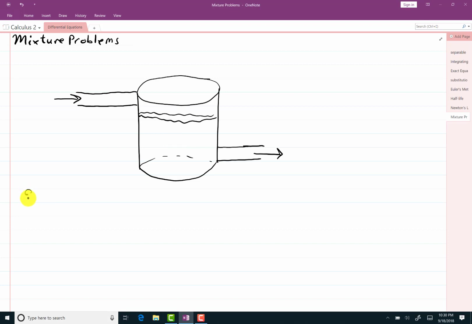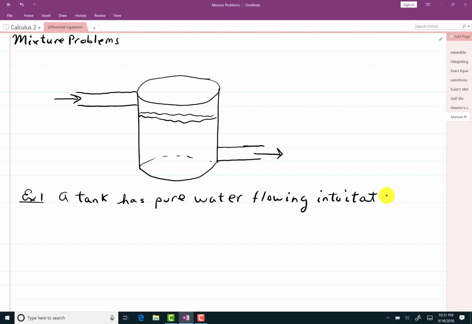So for my first example, let's say we have a tank that has pure water flowing into it, and we'll say it's at 10 liters per minute.